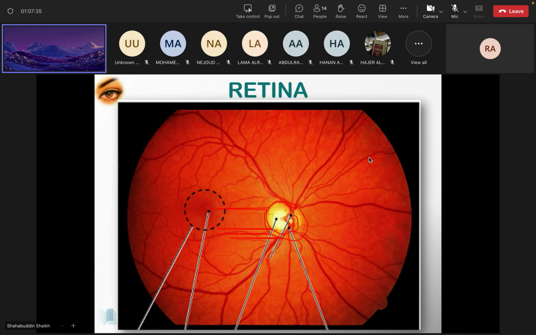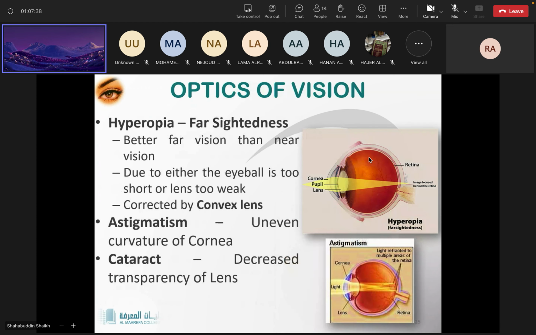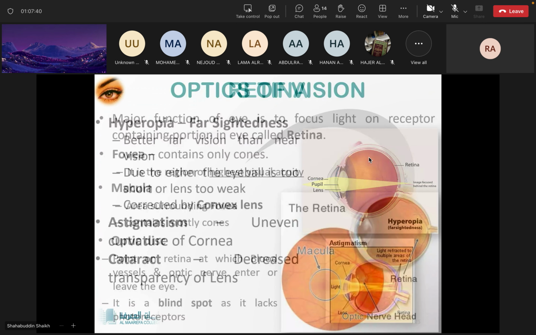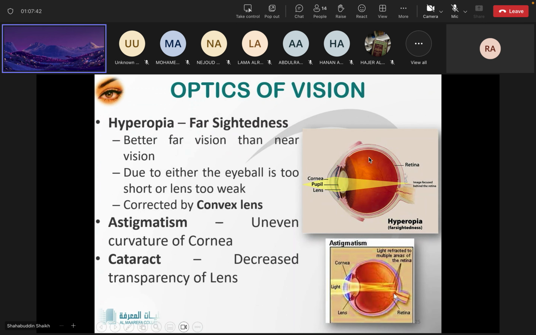So let me go back to the earlier slide here. This slide or any other slide, you can see the optic disc is actually this part. Here is the structure from which the nerves from the eye go out towards the brain, or arteries come in, or blood vessels go out.